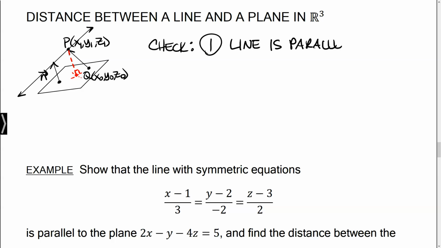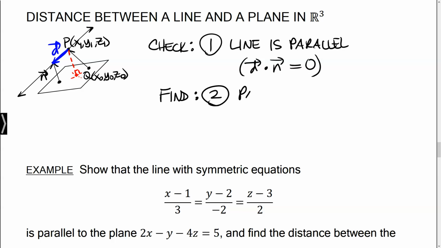In other words, you need to check that the direction vector for the line, say this was a direction vector here, d, when you dot it with the normal vector for the plane, that really gives you 0. And then you need to find just a particular point P on the line. And that's usually not difficult.